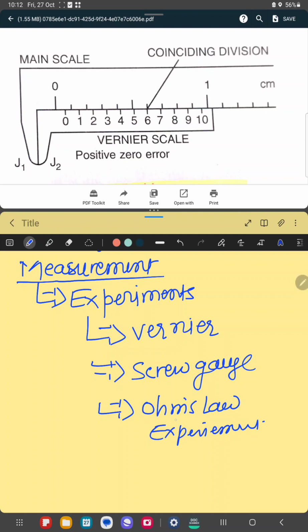These are the few experiments that are usually asked in your paper. So today we're going to see the Vernier and screw gauge.